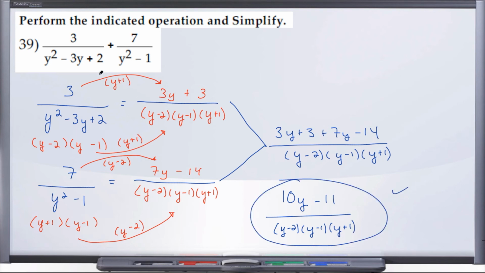So again, when you are adding and subtracting rational expressions like this, at least what I like to do is, because this is not an equation, right? There's no equal sign here. I like to stack my fractions.